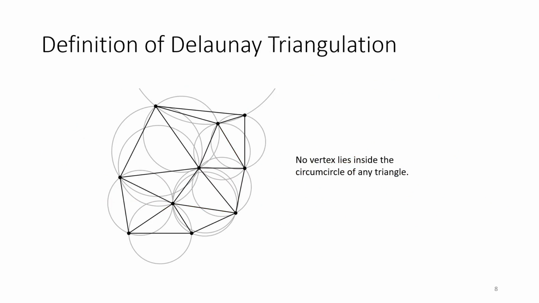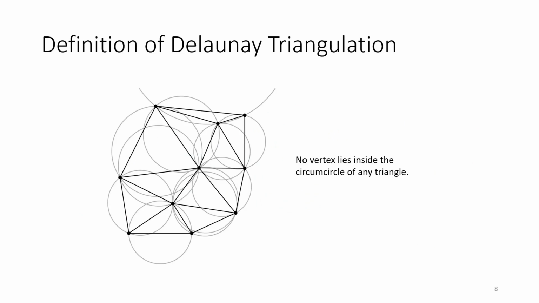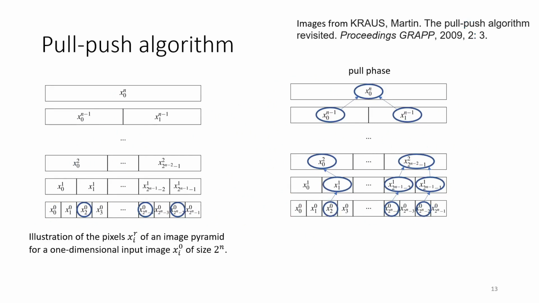Okay, so let's go back to another question. How do you generate values, for example, from those scattered points? So let's see the pull-push algorithm. The idea is, let me show the algorithm in a one-dimensional example.